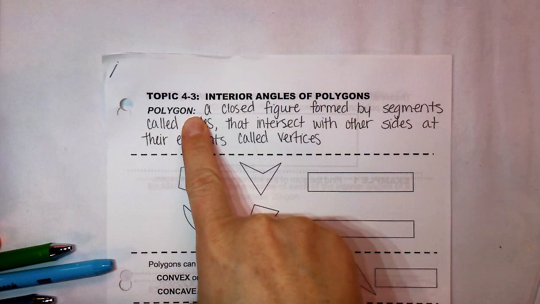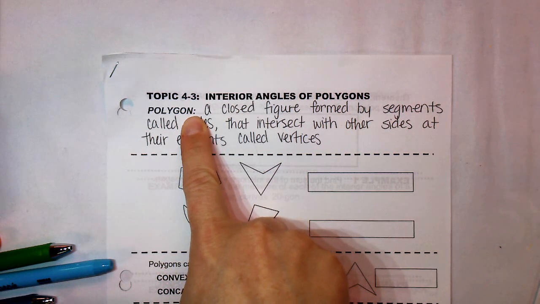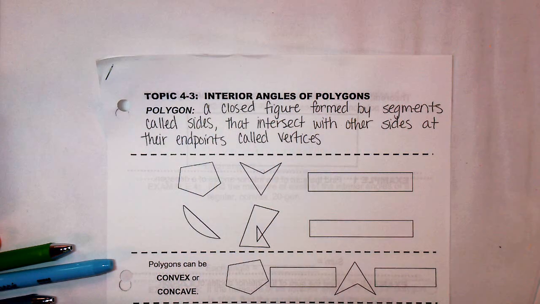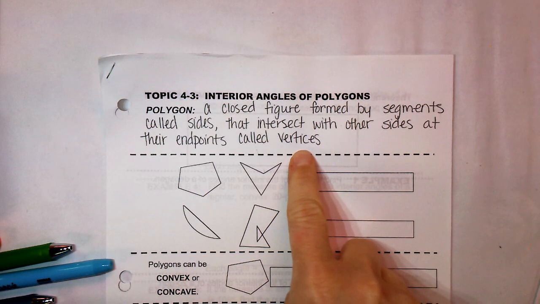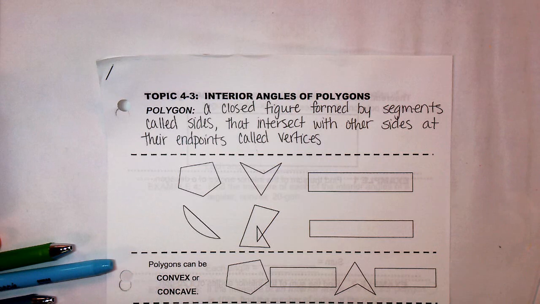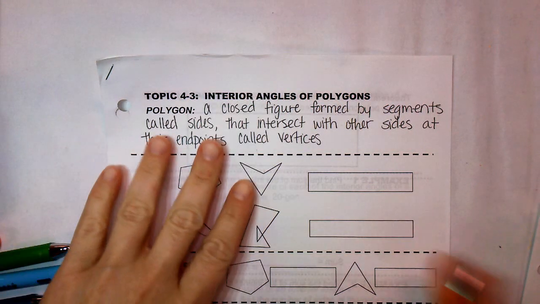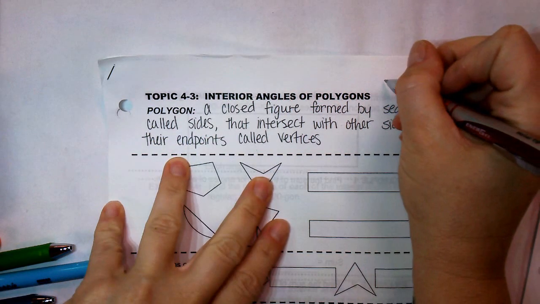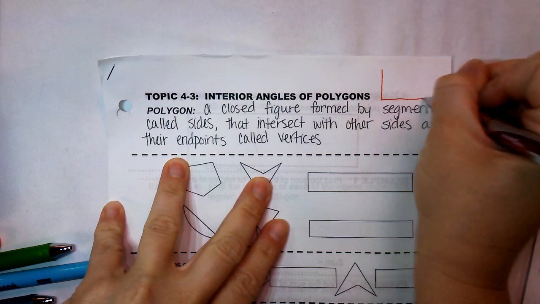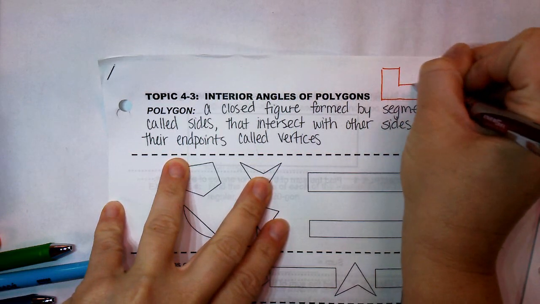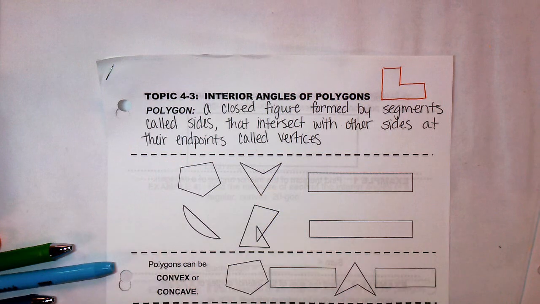So a polygon, that's what we're doing today. It is a closed figure formed by segments called sides, and they intersect at vertices. Okay, I already did that for you. So let's talk about a polygon. Let's say I have a shape that looks something like that. It's not a normal shape.